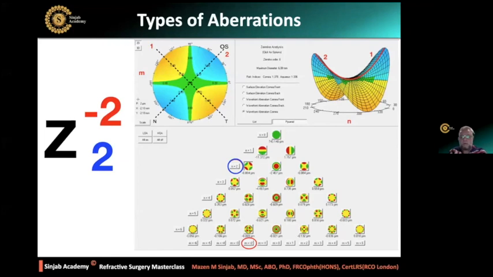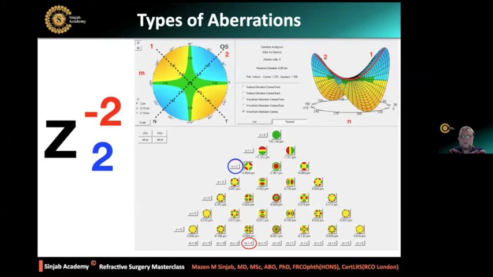Now, if you look at the 3D display of this aberration on the right, you will find that there are 2 slopes, 1, 2, on each meridian. This is why it has number 2 in blue.